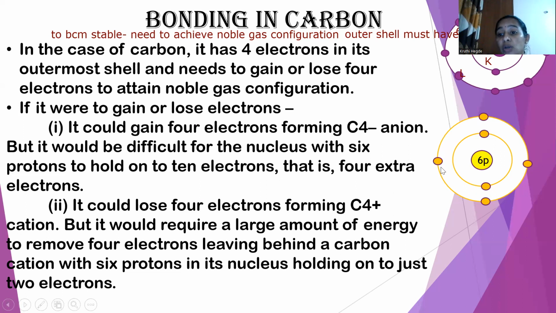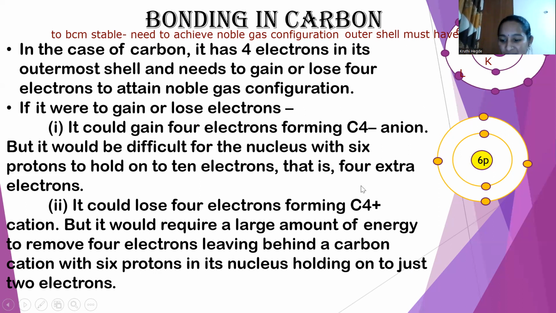So it should form C4 plus cation, but it would require a large amount of energy because these 4 electrons have to be removed against the force of attraction from the protons. So it requires a huge amount of energy to remove these 4 electrons, leaving behind a carbon cation with 6 protons in its nucleus holding on to just 2 electrons.